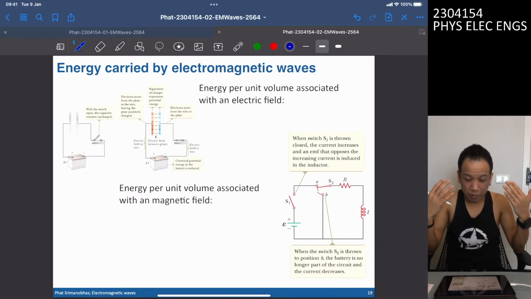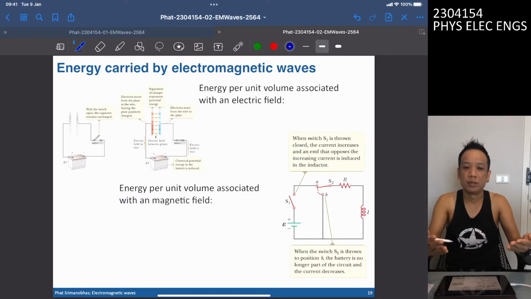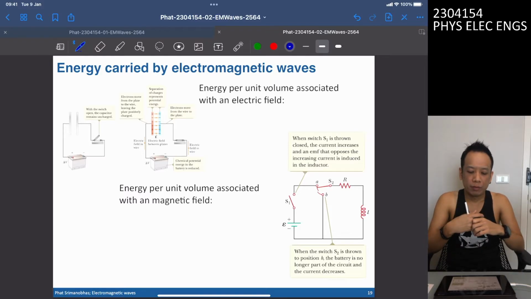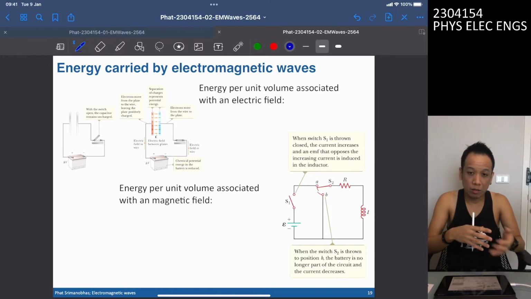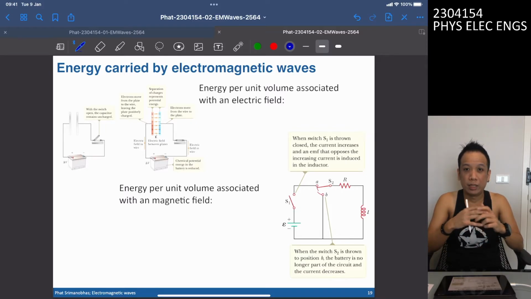Then we discussed the properties of the wave, and after that, we said that the wave can transfer energy. But for the electromagnetic wave, we didn't really discuss the source of the electromagnetic wave, so it's not in the syllabus of our course, so I will not talk about that.